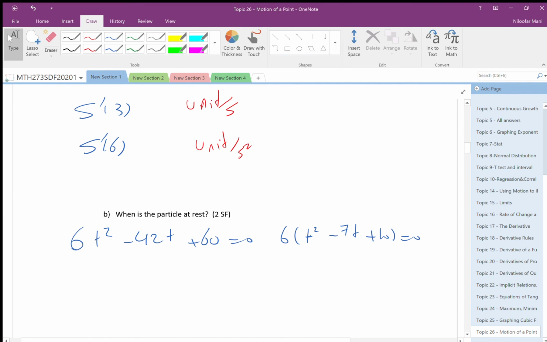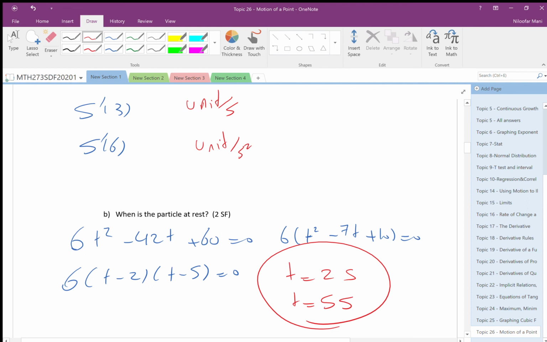Can I factor here? I think yes. Here is 6 times t minus 2 times t minus 5 equals 0. And t is 2 seconds and t is 5 seconds. So at these two moments, the particle is at rest. It's not moving. So you have to understand what this means.